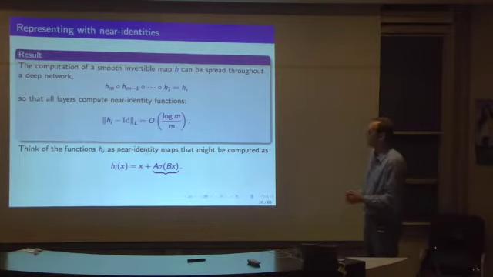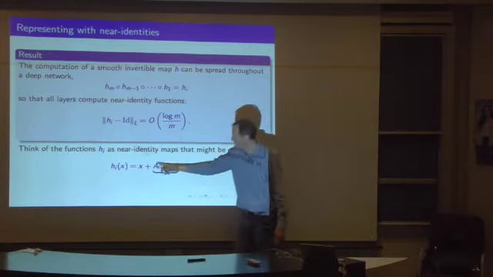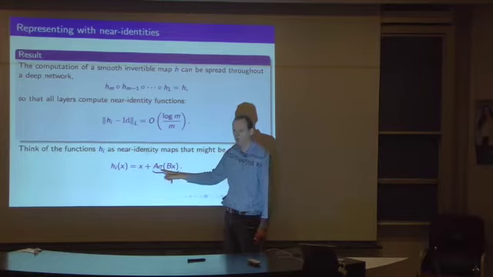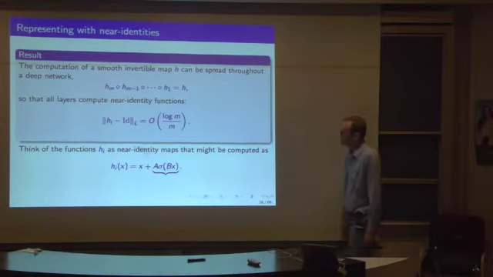You can think of those HIs as being represented by an identity function plus some other thing, and it might be a representation of this form: linear composed with a component-wise nonlinearity and a linear function.